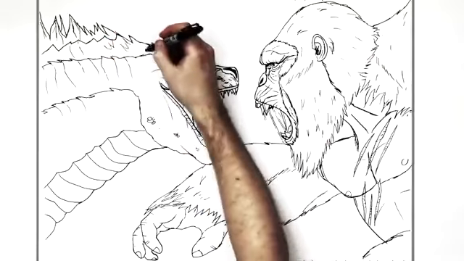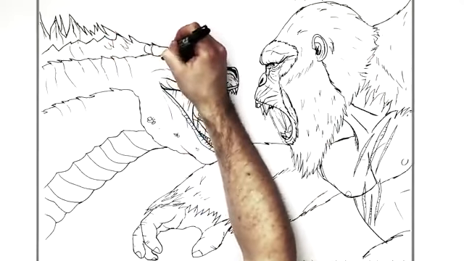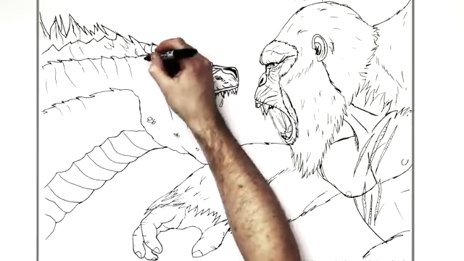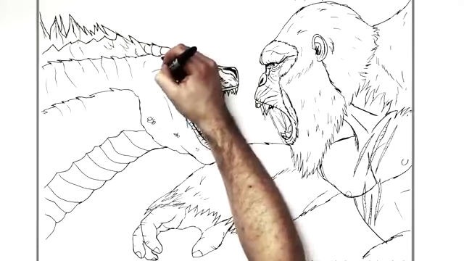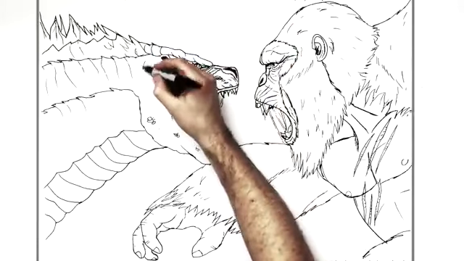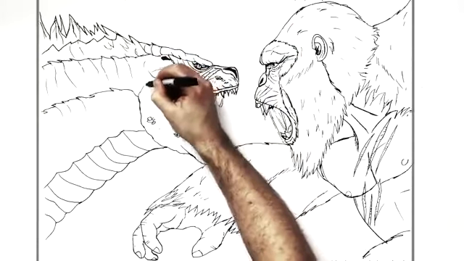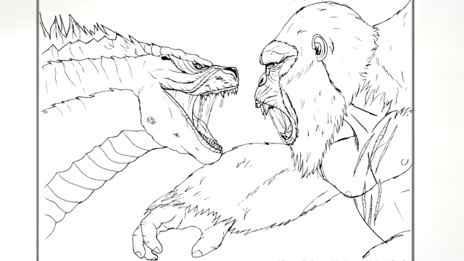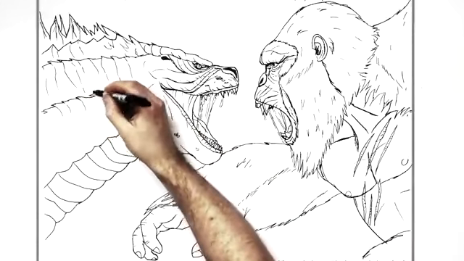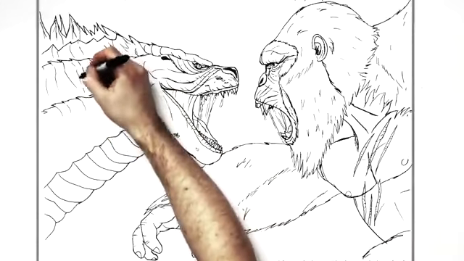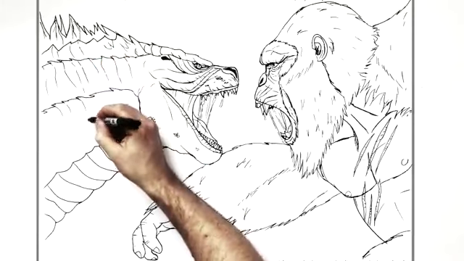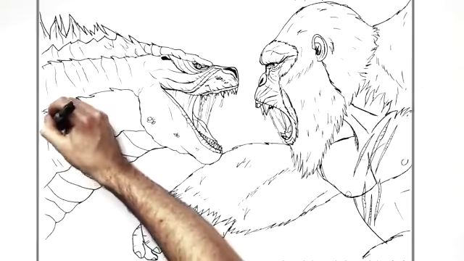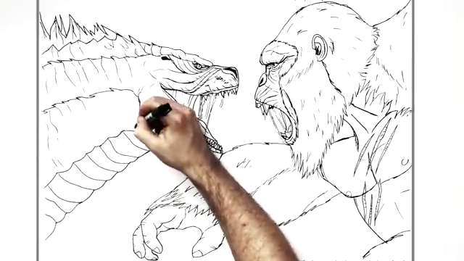Lots of scaly, wrinkly sort of lines here. So on drawings like this, you can build up texture a lot or a little. It's really up to you. But you're generally just adding these shapes.